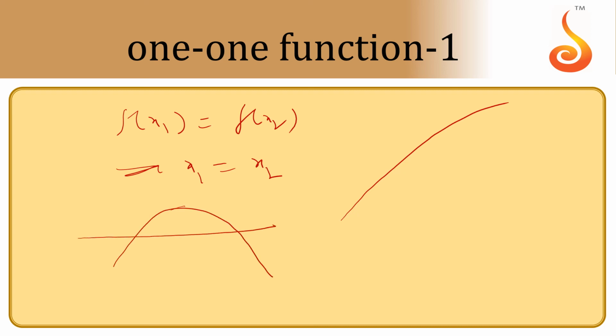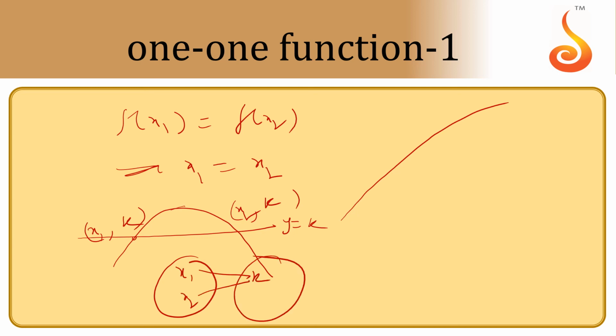If you draw a horizontal line y equal to some k, since y coordinate is k, what does it mean for different x coordinates? Means for different elements in the domain x1, x2, you have the same image. That's why it is not 1, 1.